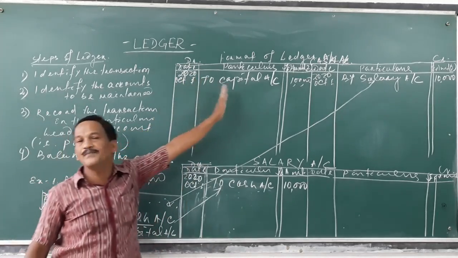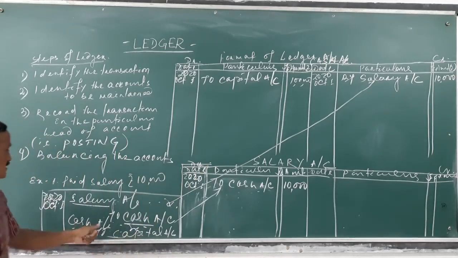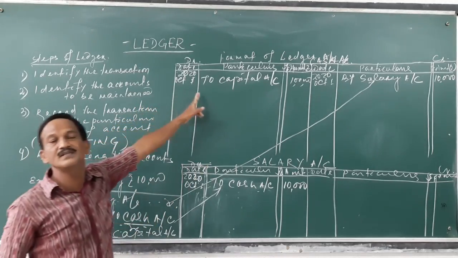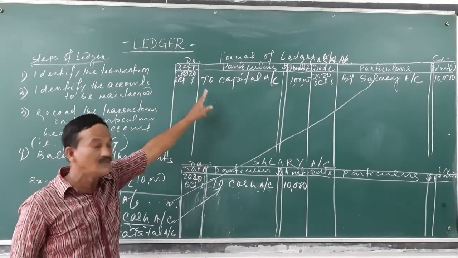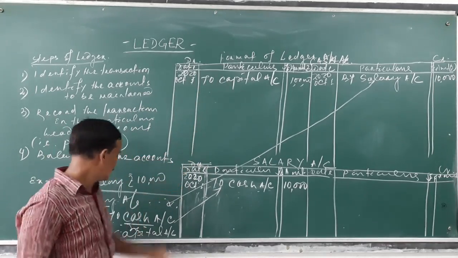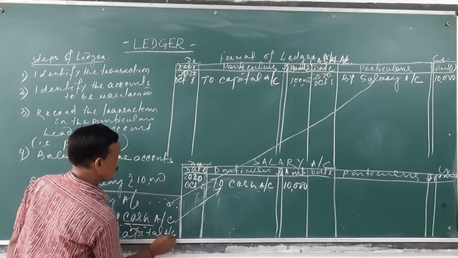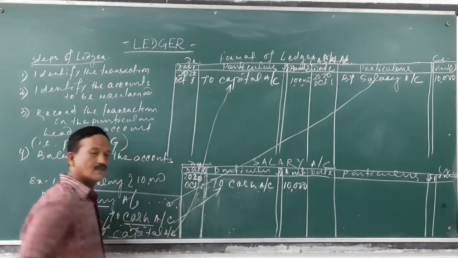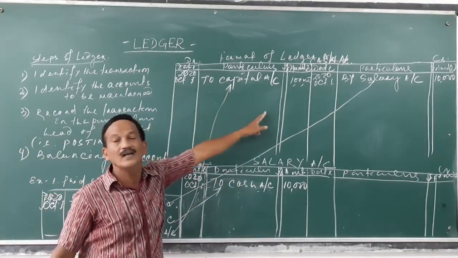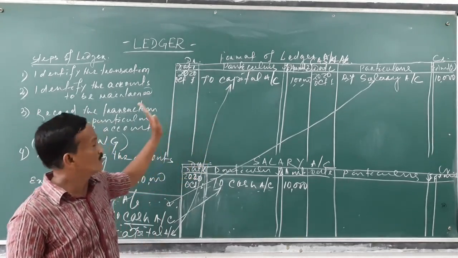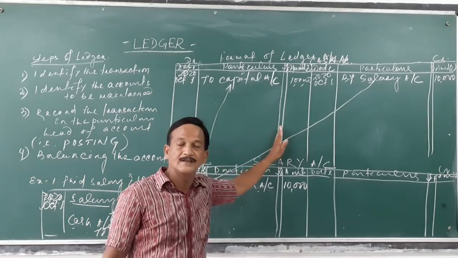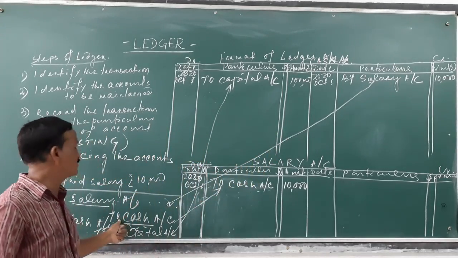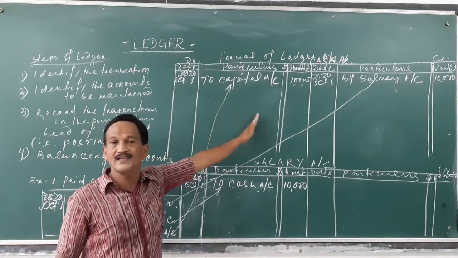The cash account is debited and the capital account is credited, so the debit side of the cash account reads "to capital account, 1 lakh". This is the process of pushing journal transactions into the ledger account.